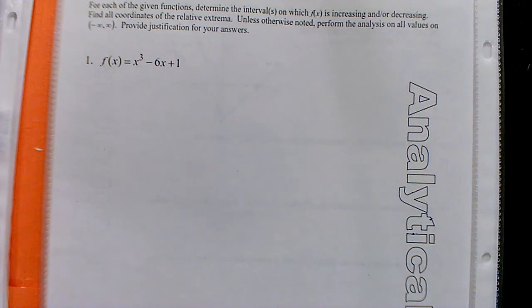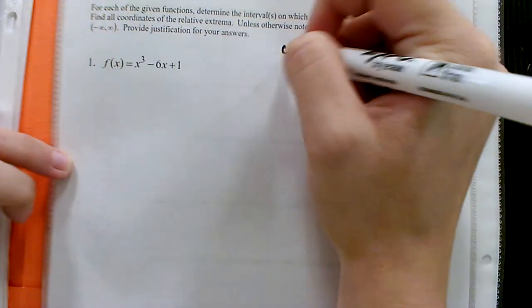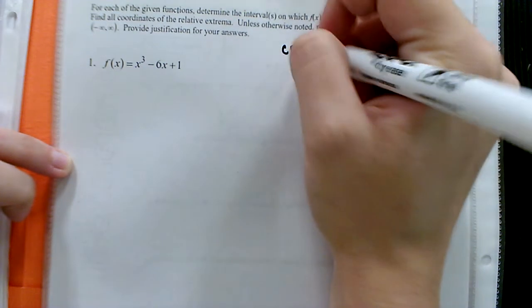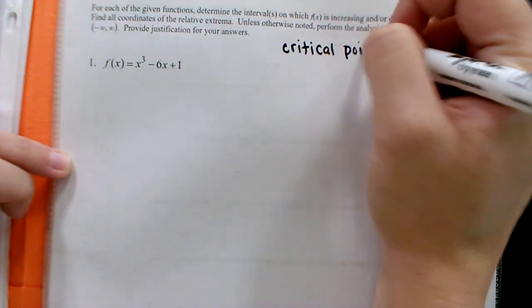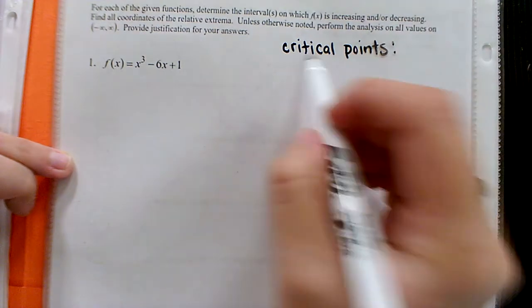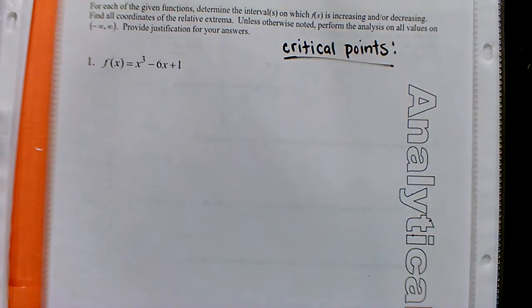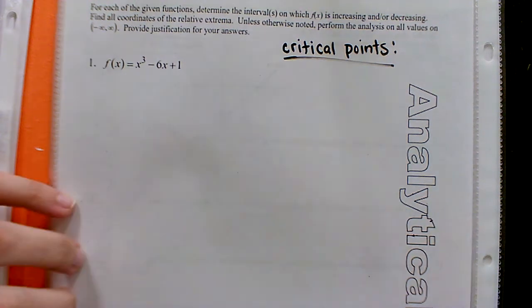So one key thing here that we're going to discuss, we're going to introduce a vocabulary term to help us with this. We're going to need to find critical points. We've actually been discussing these already. We just never used the term critical points before.